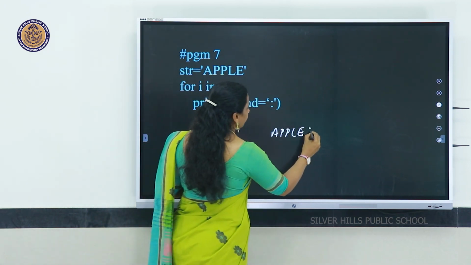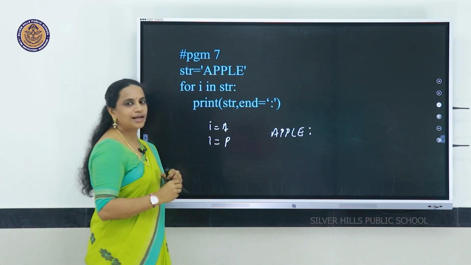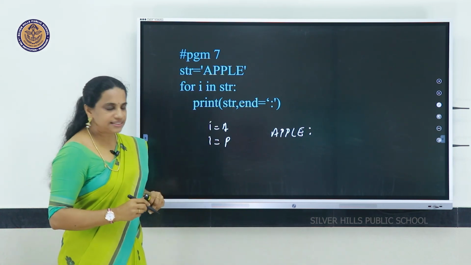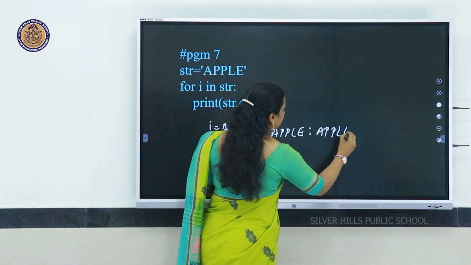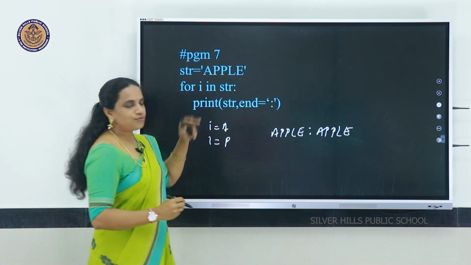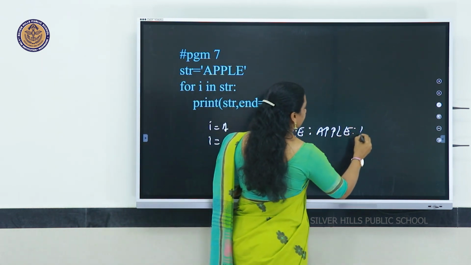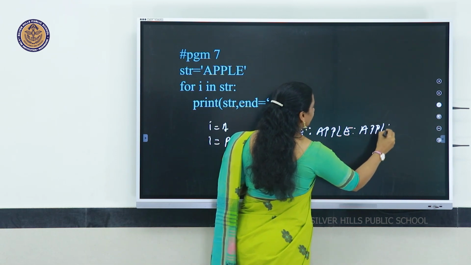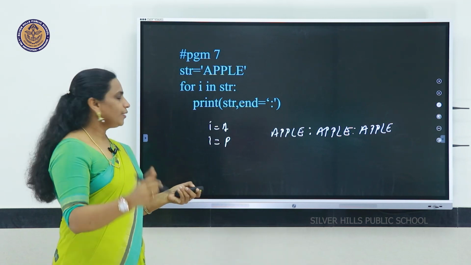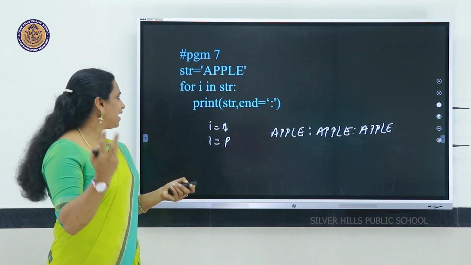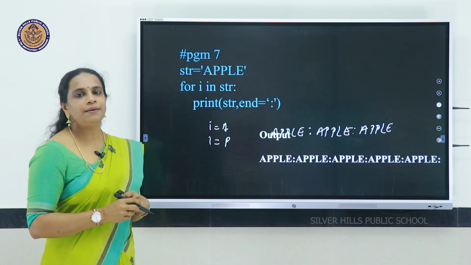Then there is a colon. Next time i value is P, again print str means you will again get the same string, apple, a second time. For the next value of i, P, again the same thing, apple, is printed. Then how many times will apple be printed? For the values A, P, P, L, E, 5 times the same value apple will be printed.